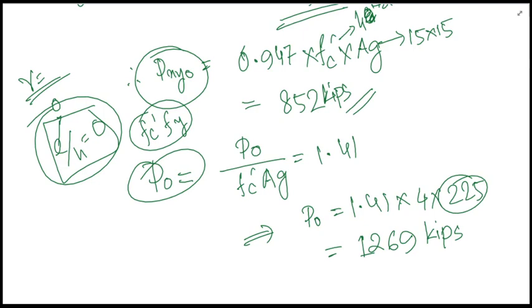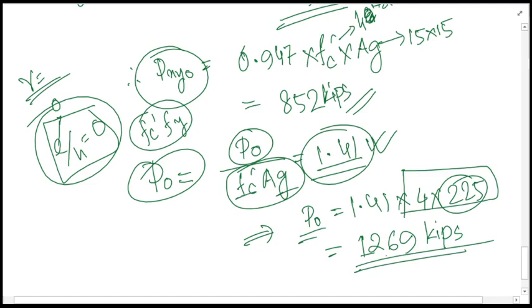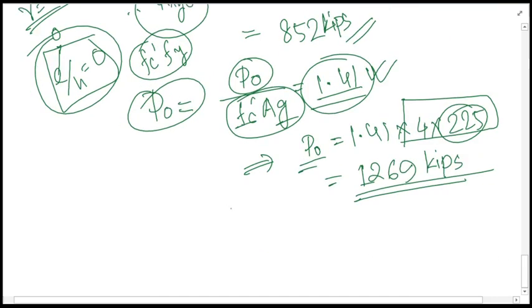And remember one thing, in this calculation, P naught by fc prime Ag is 1.41 as we have seen from the graph, and multiplying gives 1269. And if you focus on this, in this value we don't have any reduction factor.